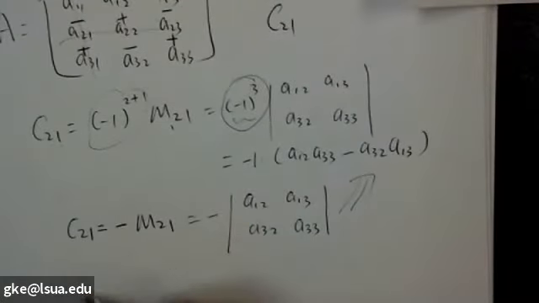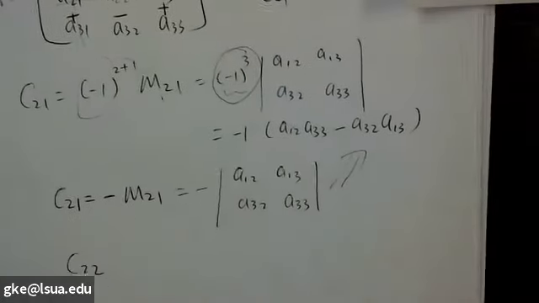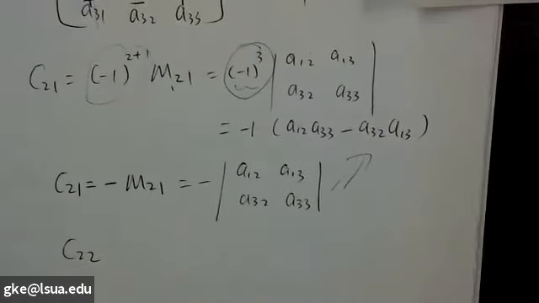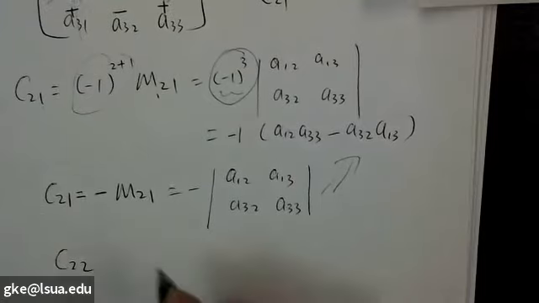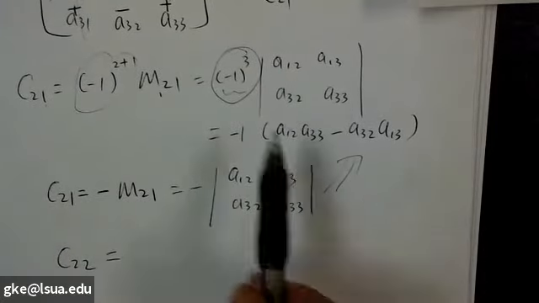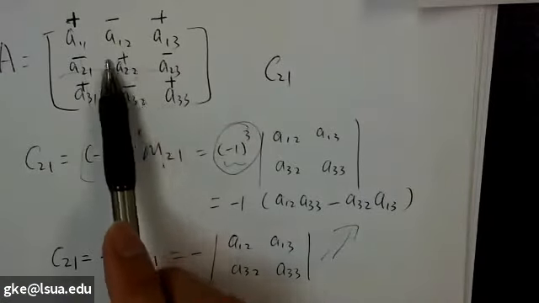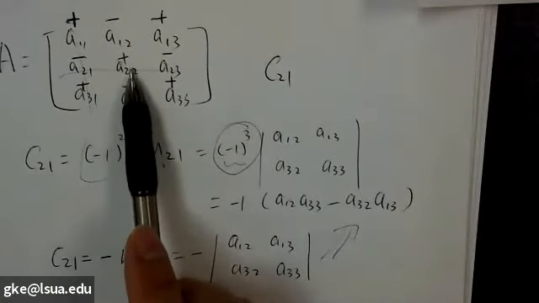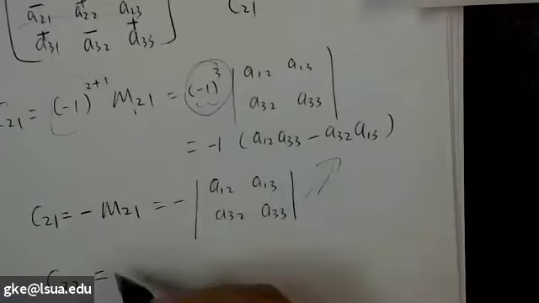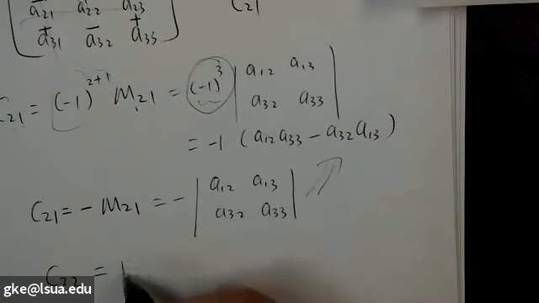How to calculate C22? The same thing. For C22, the sign is positive, right? So it should be a 1 times M22.